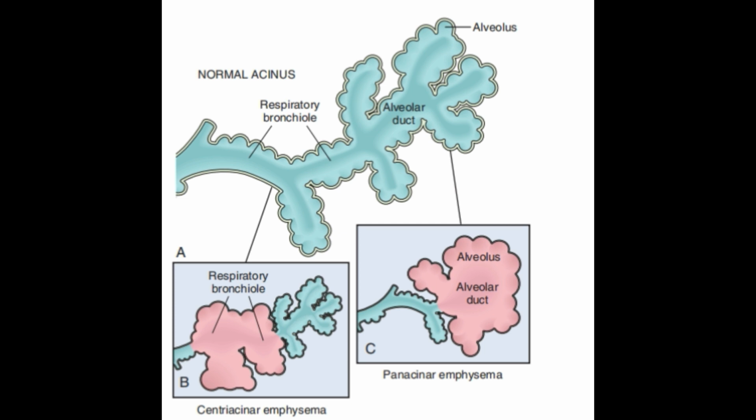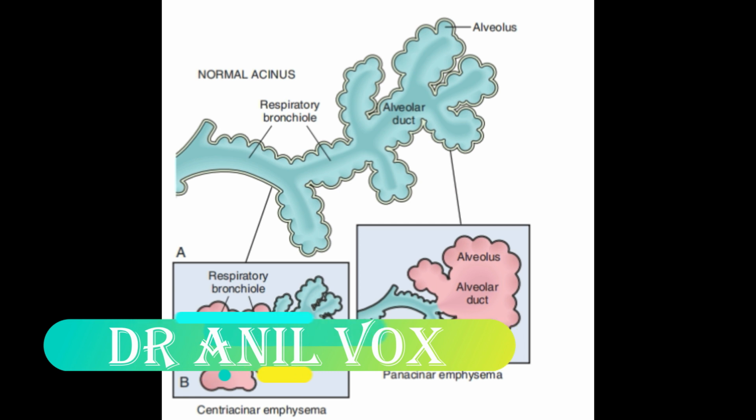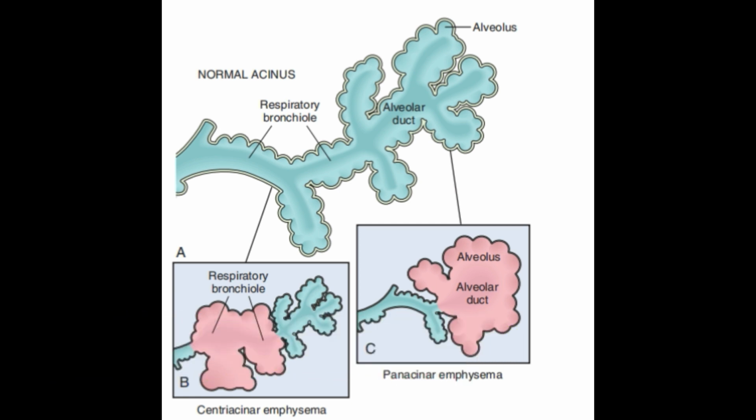Keep in mind that centriacinar emphysema occurs in the apical zones, while panacinar emphysema occurs in the lower zones and is associated with alpha-1 antitrypsin deficiency.